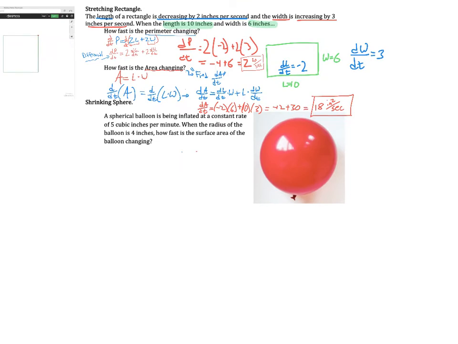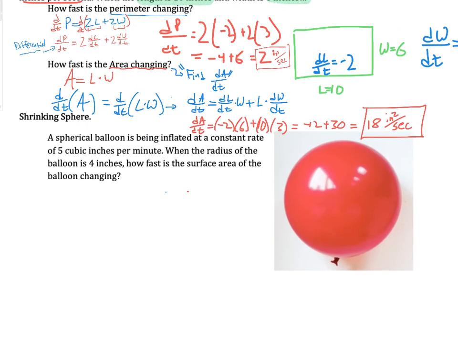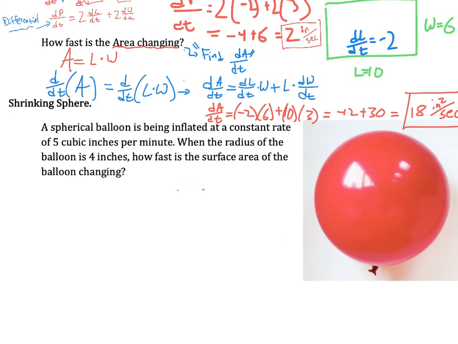All right, well, let's look at a volume function here. We've got a spherical balloon, and it's being inflated at a constant rate. We've got something blowing it up, and that constant rate is 5 cubic inches per minute.